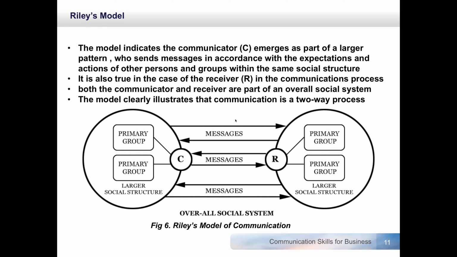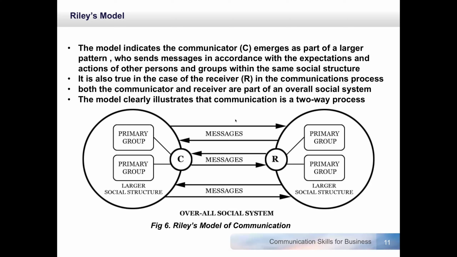This particular model actually comes into place where there are larger groups of audiences interacting with each other. As against an individual, you'll have a group of people interacting with each other, but they are also part of a particular group.